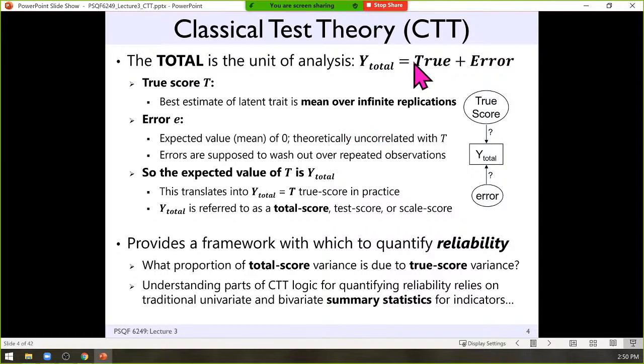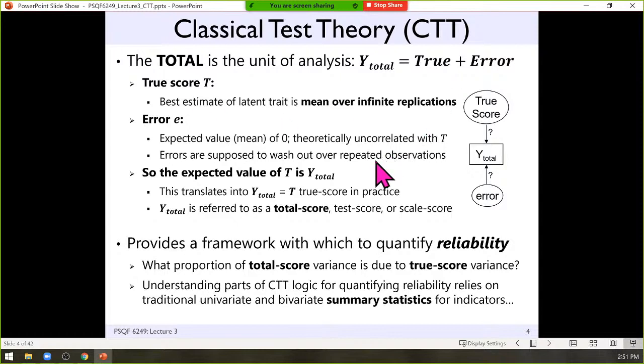If you believe this, then you have a framework with which to index reliability. That boils down, in this case, to proportions of variability. Of the total Y-score variability, how much is due to actual individual differences in the true score versus error variance? The ratio of true over total is thought to be reliability.